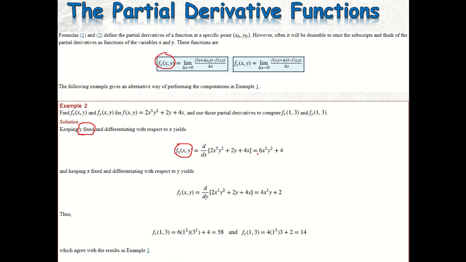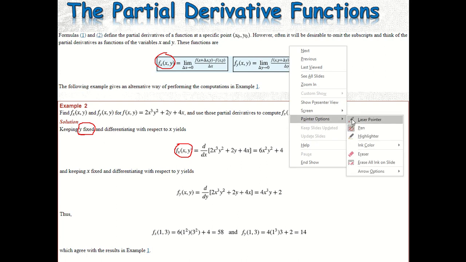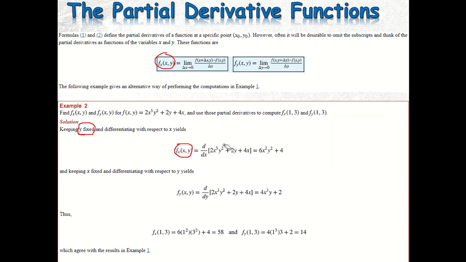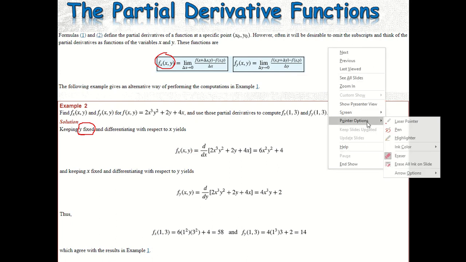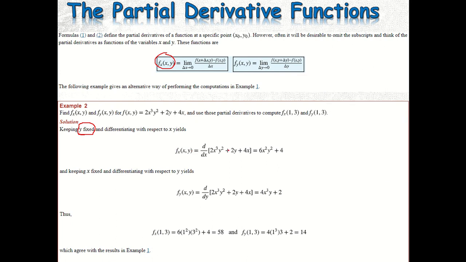In this case, class, since we treat y as constant, when we differentiate this partially, we isolate 2 and y squared because they are constants, so you just take the derivative of this x cubed using the power rule.